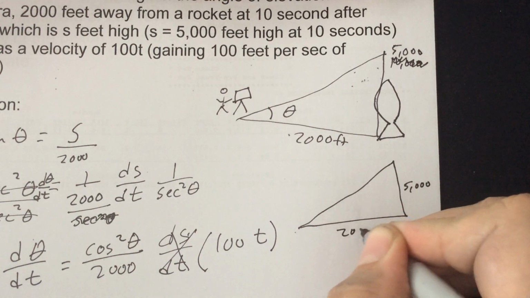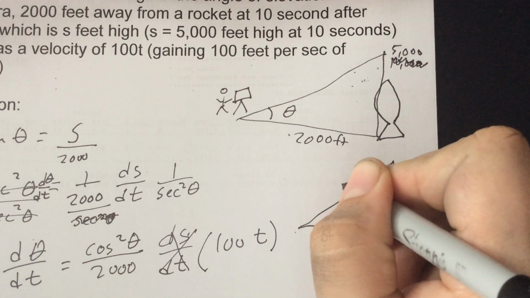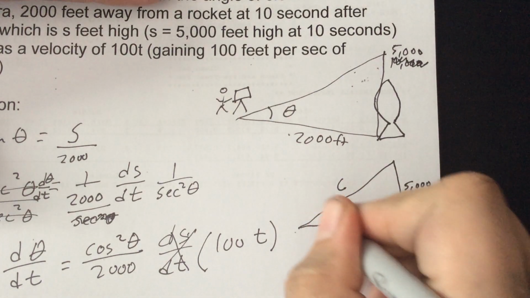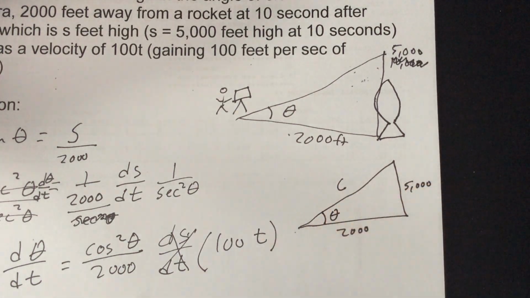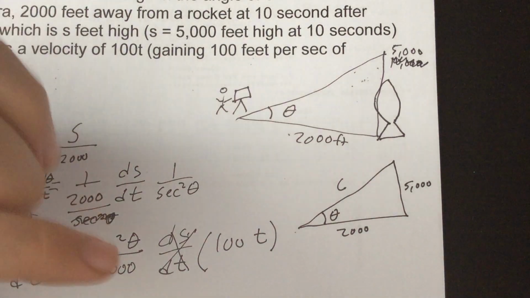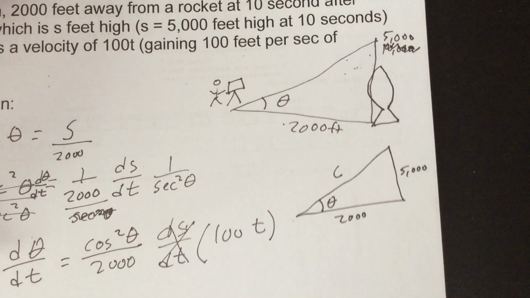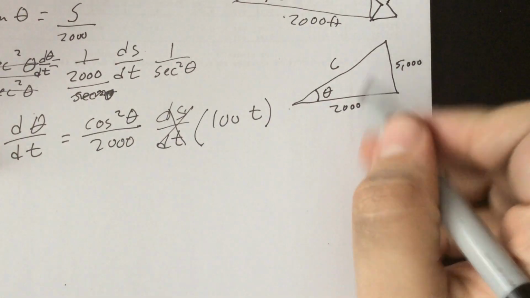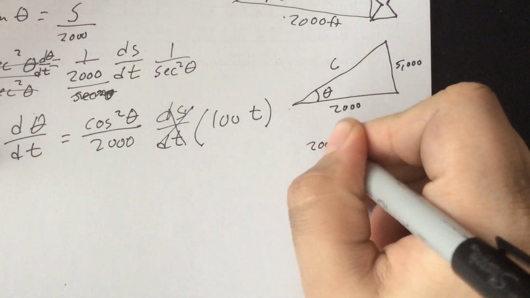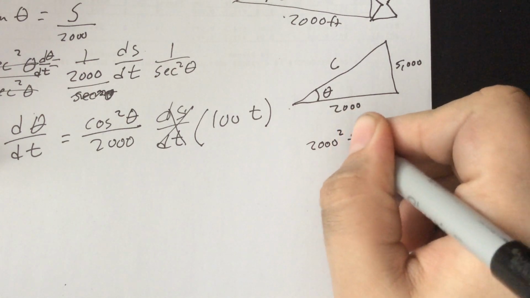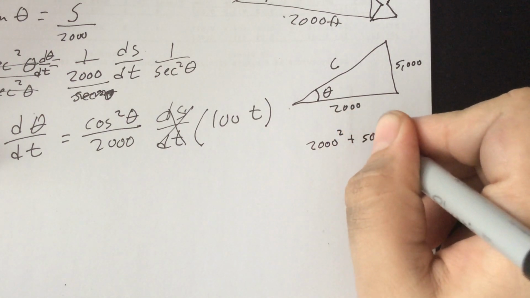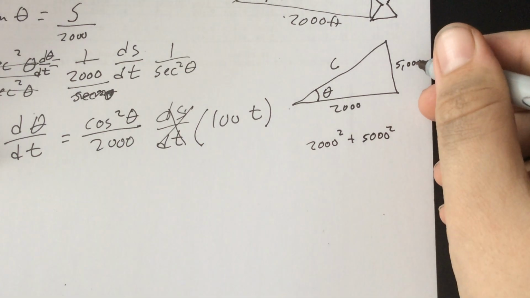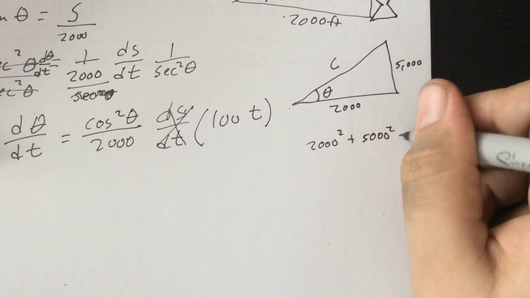We know this is going to be 2,000. We don't know what our third side is when theta is our angle. However, we can calculate that by doing the Pythagorean theorem. So that would be 2,000 squared plus 5,000 squared for our c squared.